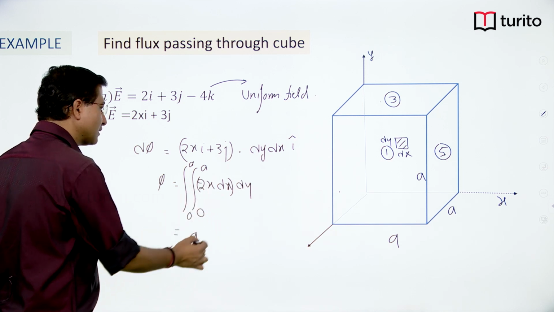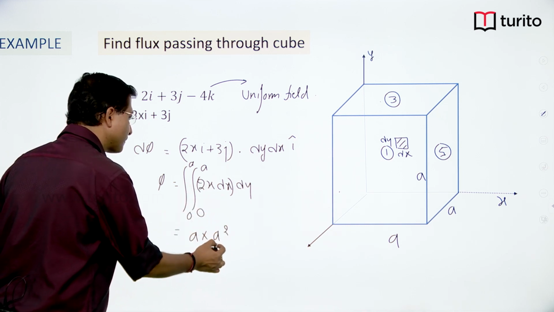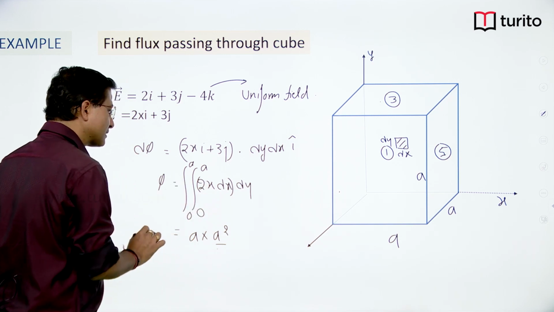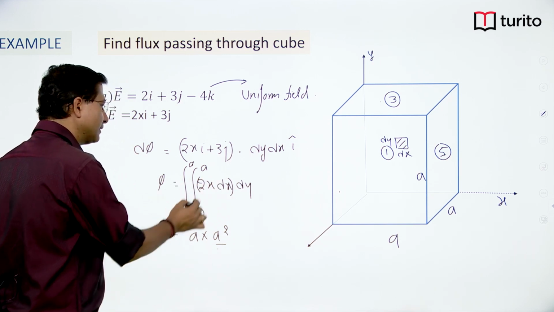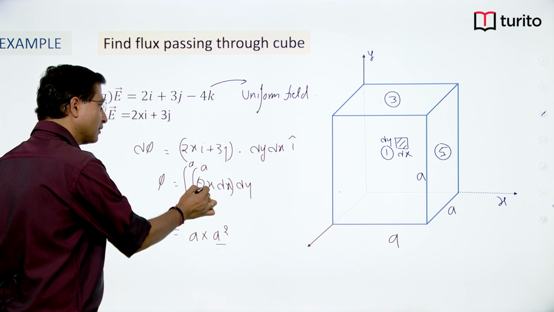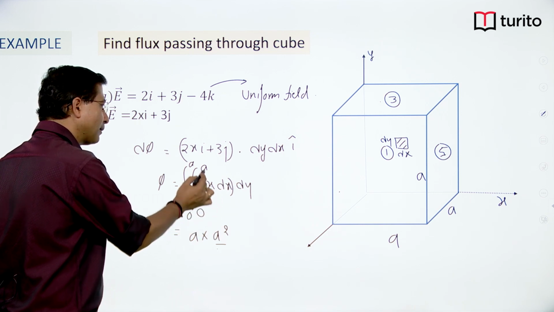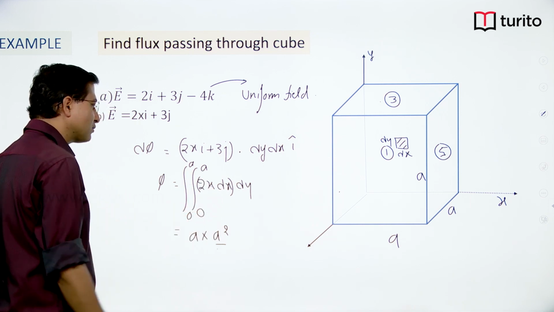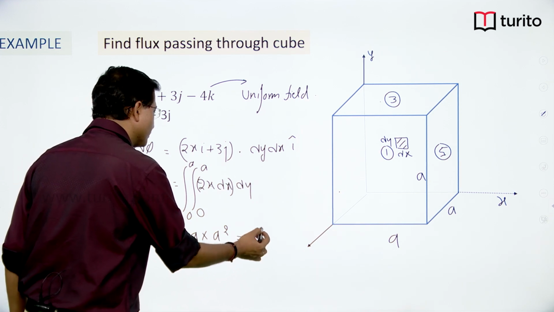So, the 2 will get cancelled out, right. A square I am getting here. So, x square by 2, upper limit minus lower limit, only A square, this will give you A cube, right.